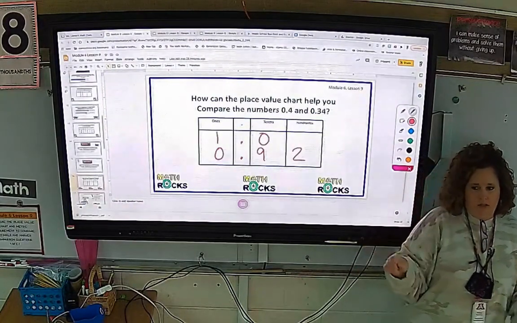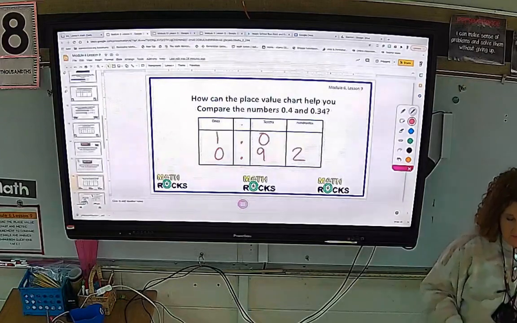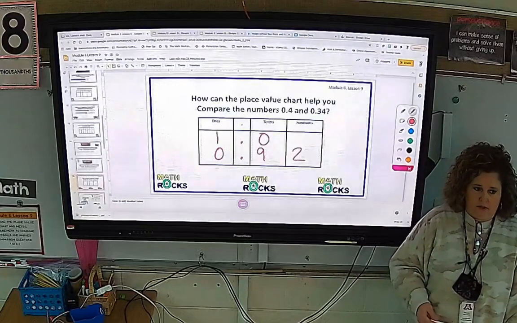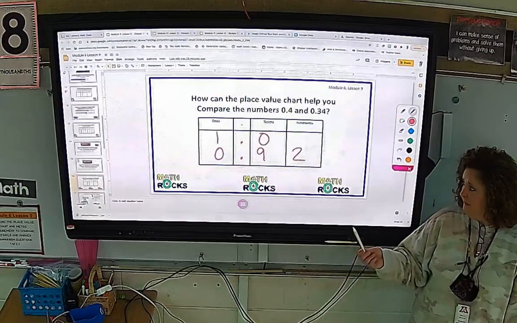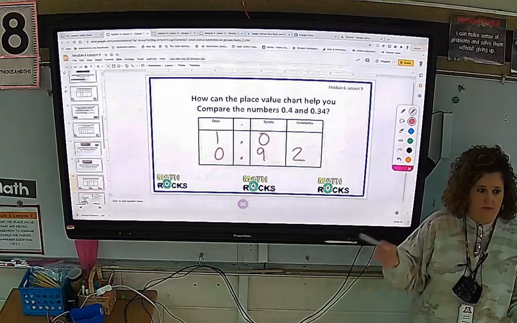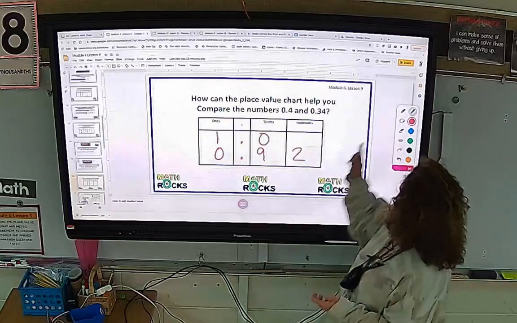But y'all tell us which one was larger. Why? Look at the ones place. What about 1 and 0? 1 is bigger than 0.